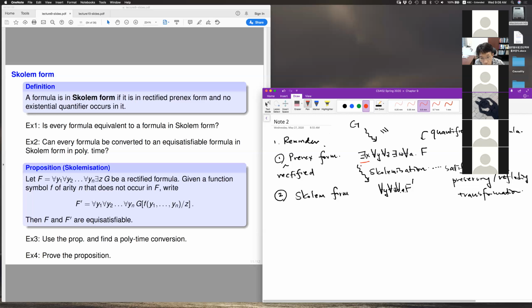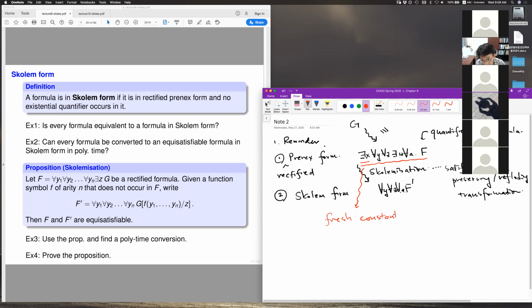Okay, so we assume this simpler version of the proposition is true, which is actually true, and we can convert the formula that you see here and Skolemize it by repeatedly applying this proposition. First, we pick some fresh constant c.